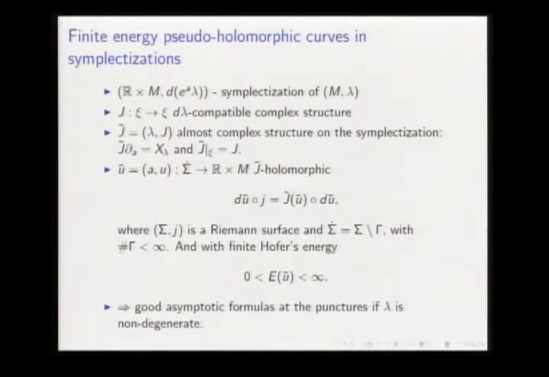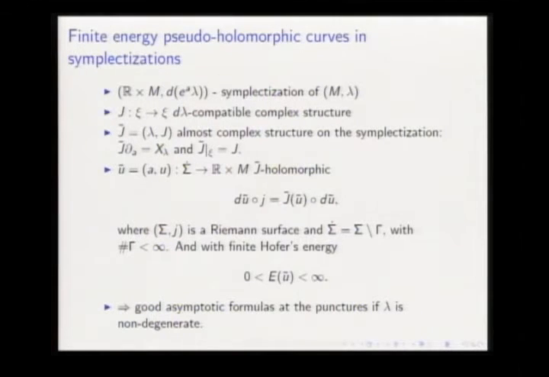Just a very quick review on the theory of pseudoholomorphic curves in symplectizations of three-manifolds. We have our given contact form lambda, and we can consider the symplectization by just multiplying our contact manifold by R. The contact structure is a symplectic vector bundle over the three-manifold.